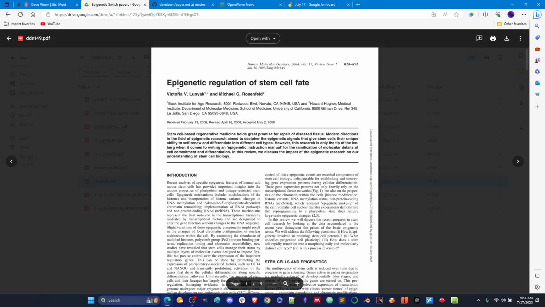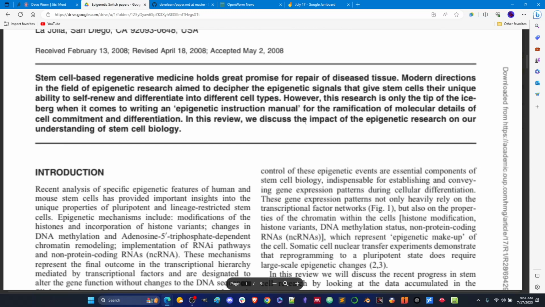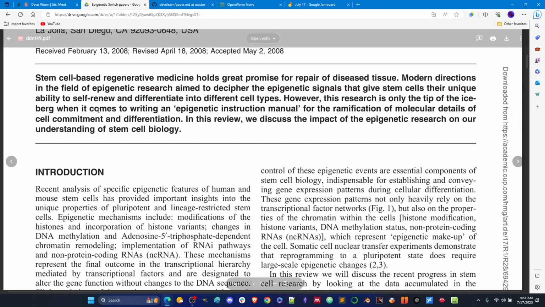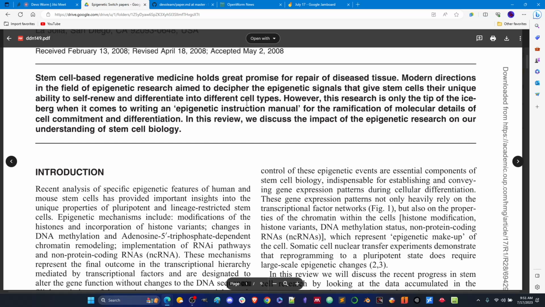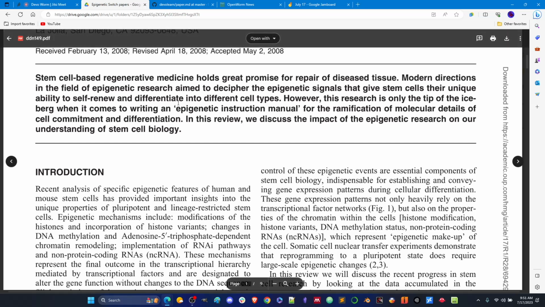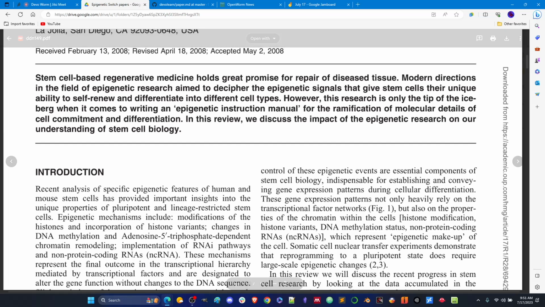This is another article, Epigenetic Regulation of Stem Cell Fate, where they go over some of the potential of looking at this. They say the research that's been done so far is only the tip of the iceberg when it comes to writing an epigenetic instruction manual. So this is something people are working towards.